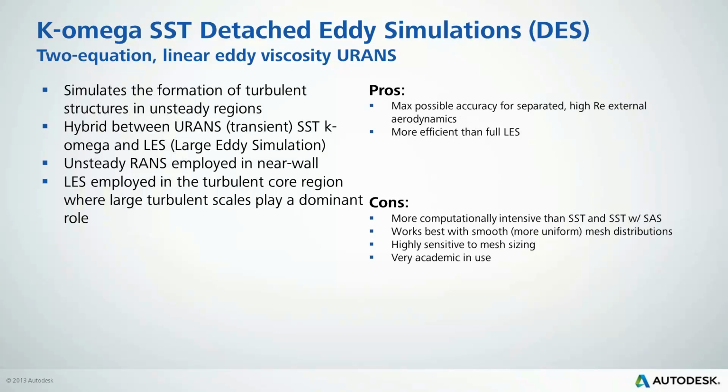And in terms of mesh sensitivity, it can be very high, especially the transition from the wall into the core of the flow. You'll need to really concentrate on having a smooth mesh. So my last point here is that, in my opinion, most of us shouldn't really be exploring the DES modeling approach. It ends up being very academic, but something that you can use and explore with.